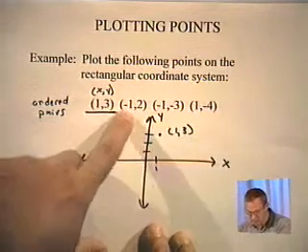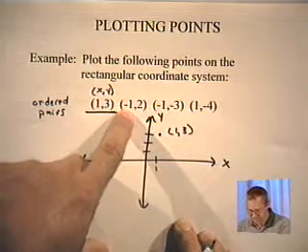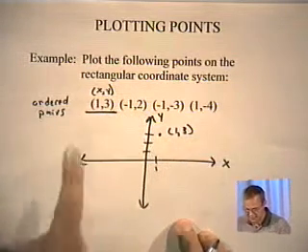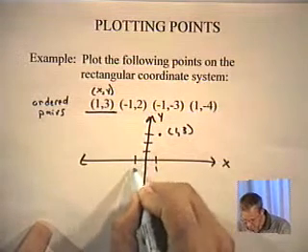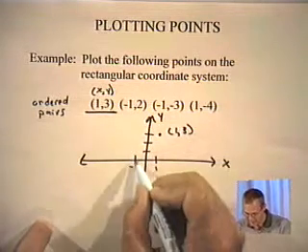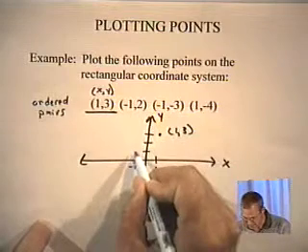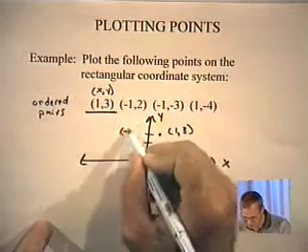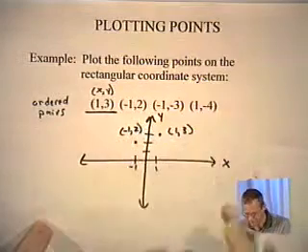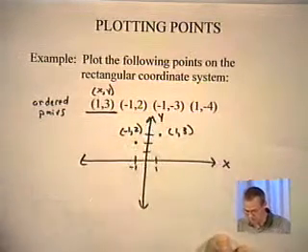Similarly, if I want to plot the point (-1, 2), that means I need to go to the left 1 on the x, and I need to go up 2 on the y. So there's the point (-1, 2). Let's do the next two.